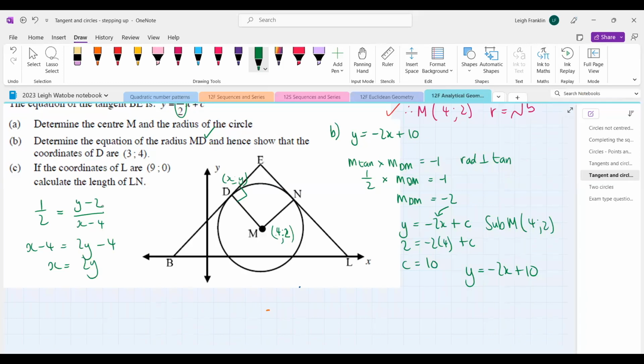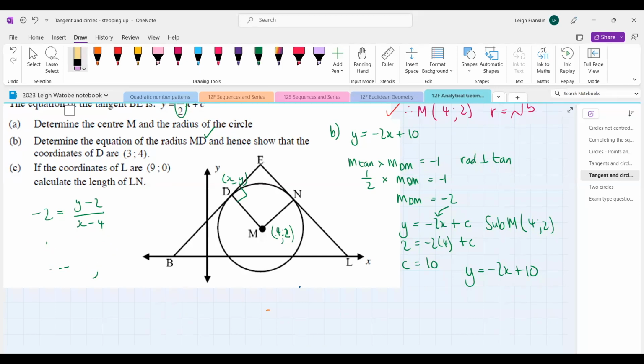Ma'am, I actually said 4 minus x. I said 2 minus y all over 4 minus x equals -2, ma'am. Well, equals -2 all over 1. And then I equated x by the side, and then y by the side, and then I found the answer.